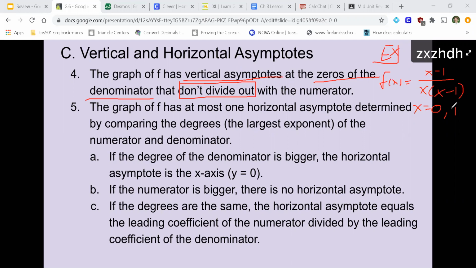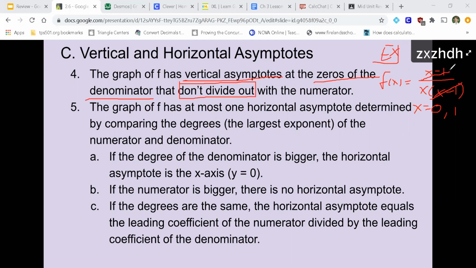However, only one of these is a vertical asymptote, and it is 0, not 1. The reason why 1 is not a vertical asymptote is because I could cancel this factor out with this factor in the numerator, right? They're both x minus 1. I could divide them out. I can't do that with x.